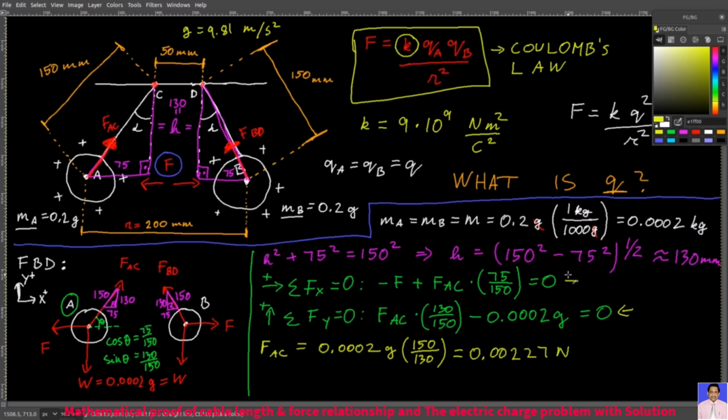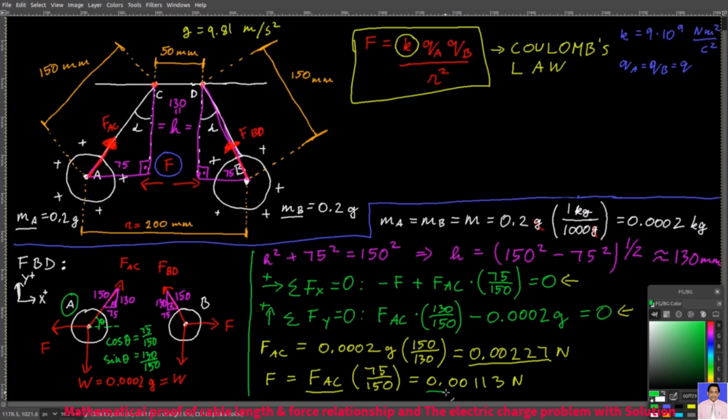And then we take the first equation, and here you can see that your F equals this one. And I simply replace FAC with this number here, and I will get 0.00113 newtons. So that's the electric force that comes from Coulomb's law.